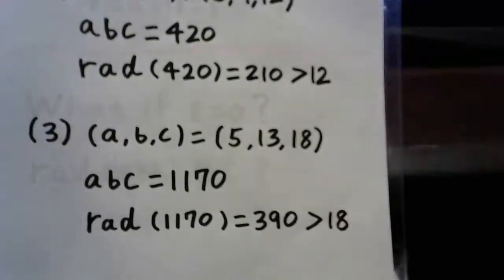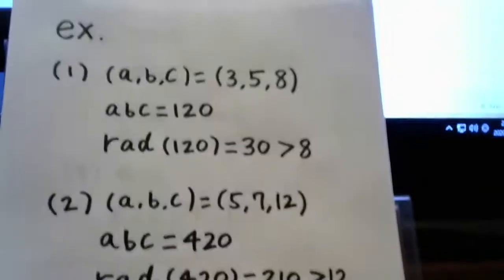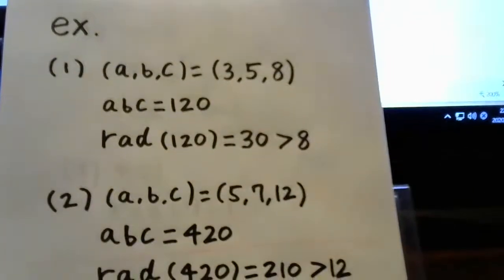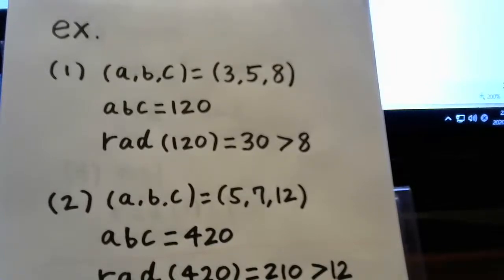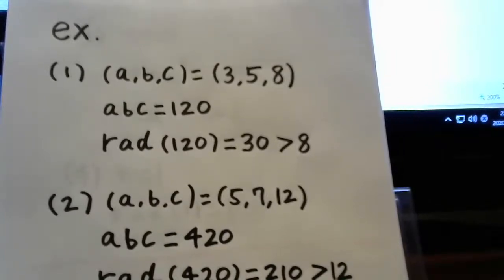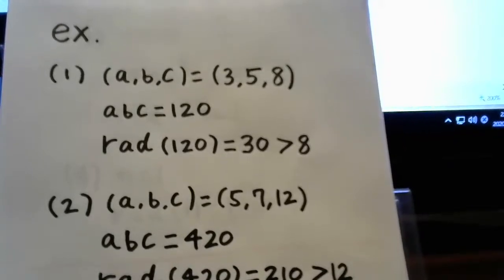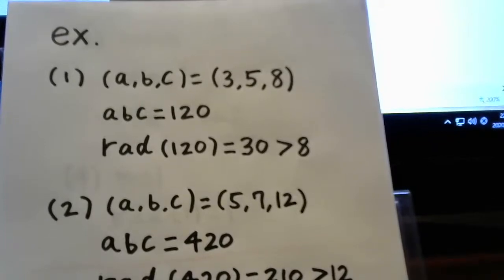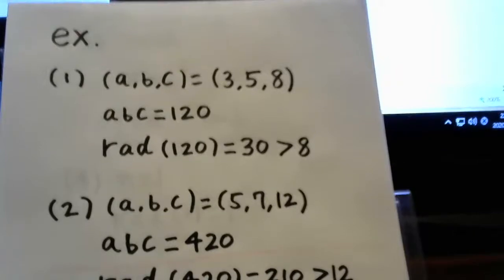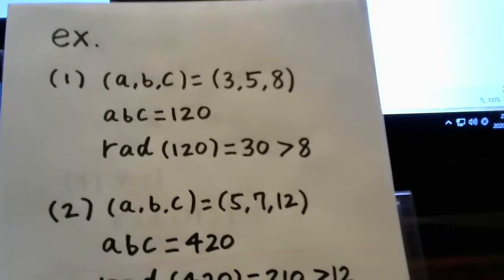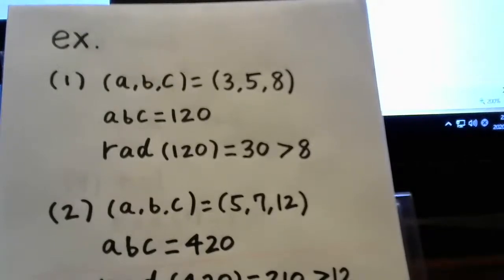First case is in case a, b, c is 1, 3, 5, 8? In this case, abc is equal to 120, and radical of 120 is equal to 30, which is greater than 8. So in this case, it holds.